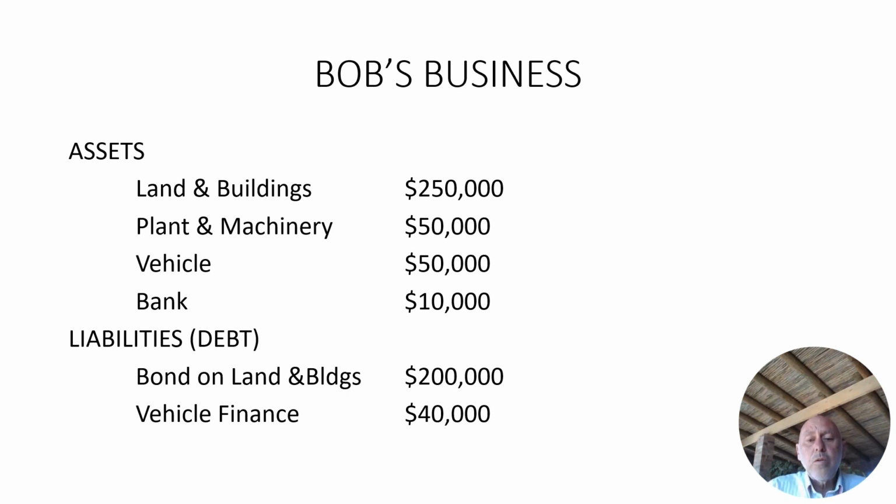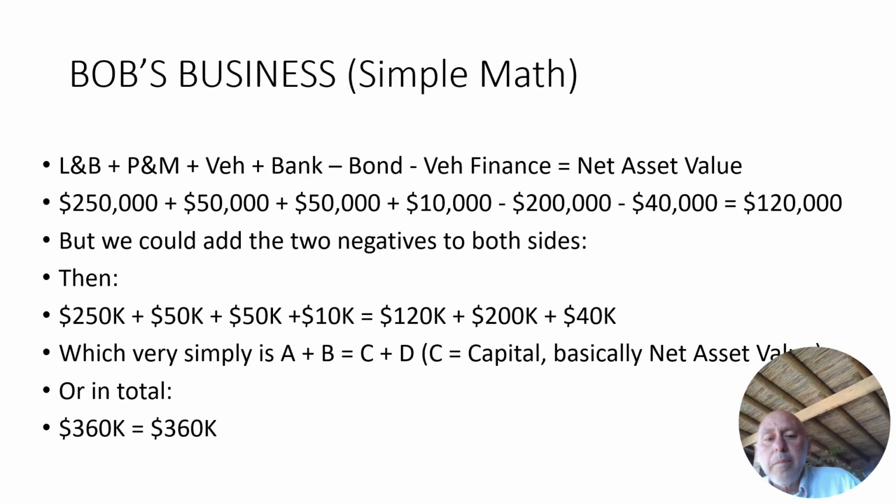So the simple math for the business is exactly the same as how we calculated Bob's net worth. On that first line, I've written land and buildings plus plant and machinery plus vehicle plus bank minus his bond on the land and buildings minus the vehicle finance equals the net asset value.